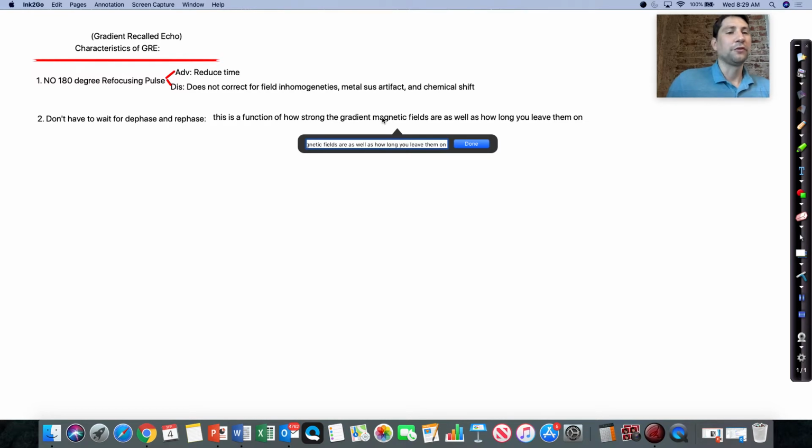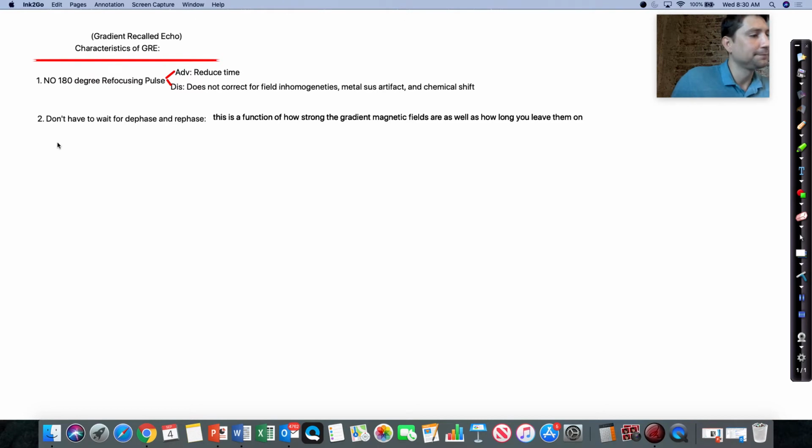But with gradient echo pulse sequence, we could just turn on our gradient real strong, dephase them real quick, and then turn it on in the opposite polarity and rephase them real quick. And boom, that's only 5 milliseconds compared to 40 milliseconds. So we don't have to wait for the spins to naturally decay and rephase. Because remember, all tissues decay and rephase at different times. So we can control it a little bit more.